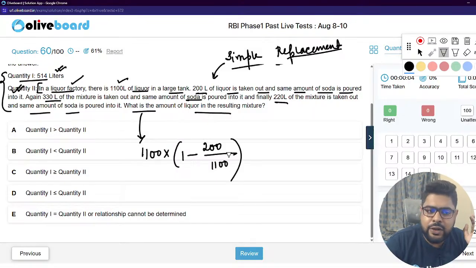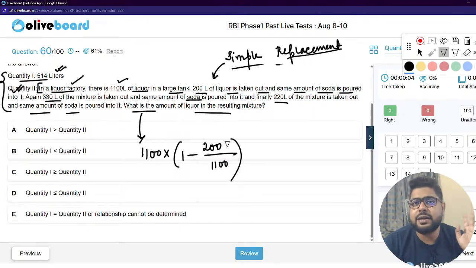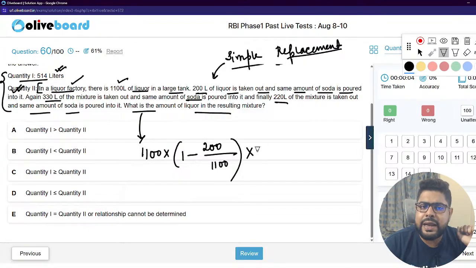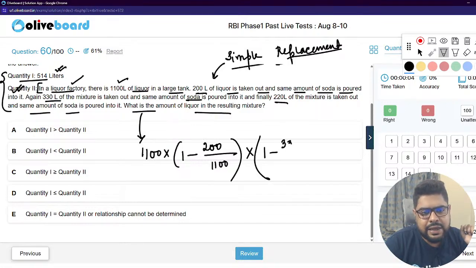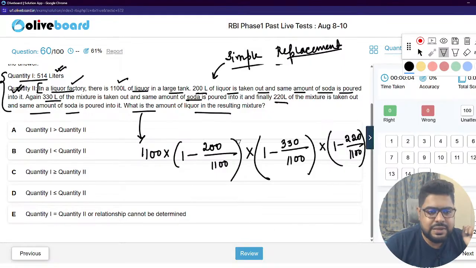Now it will keep remaining 1100 liters because we are putting back the same amount that we have taken out. Next time, 330 liters, 1 minus 330 by 1100, and again 220, 1 minus 220 by 1100. Khatam.